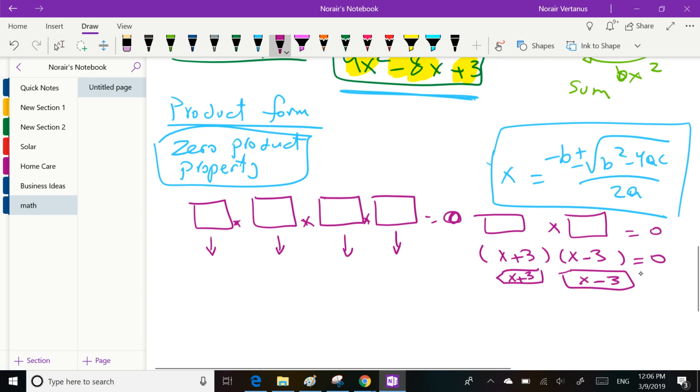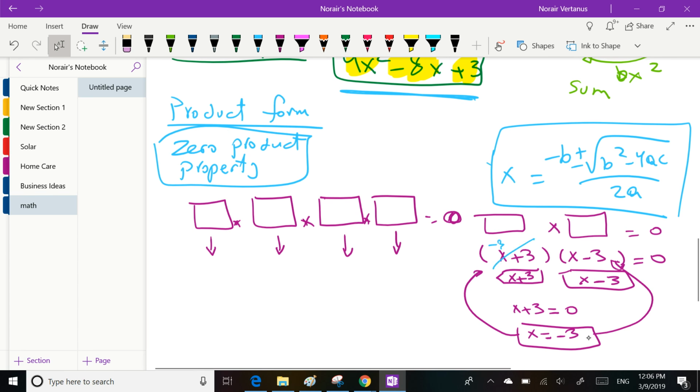So we set x plus 3 equal to 0 and solve it. You see x equals negative 3. If x is equal to negative 3 and you plug it here and here, the whole thing is going to be 0. Negative 3 plus 3 is 0. Put negative 3 here, it's going to be negative 6. But 0 times negative 6 is equal to 0. So we're using this property.